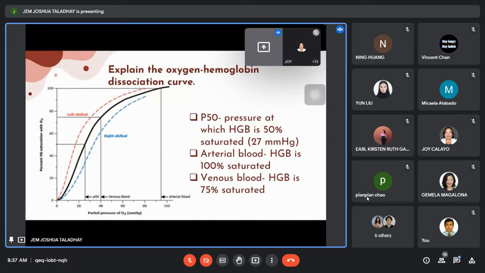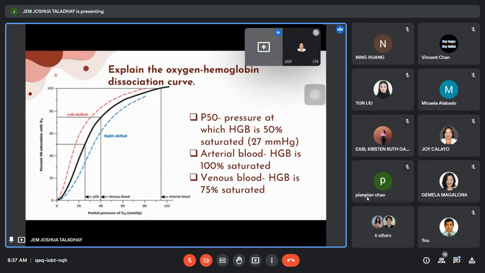Saturated here means that the hemoglobin has attached oxygen. If we could recall, hemoglobin is made up of four subunits, so it could carry four oxygen.